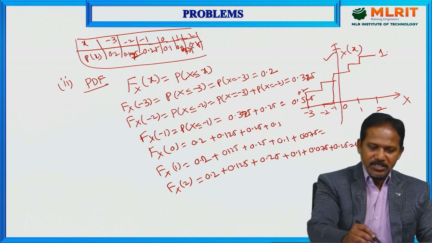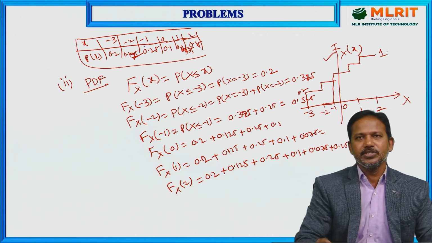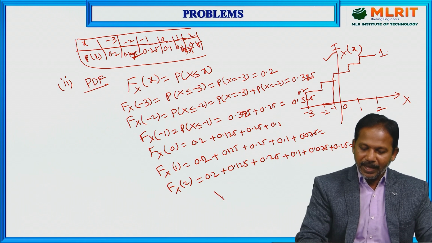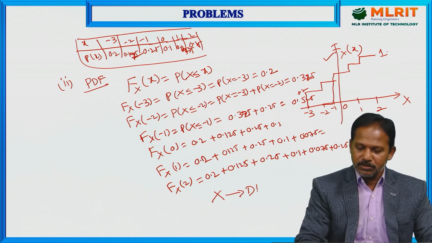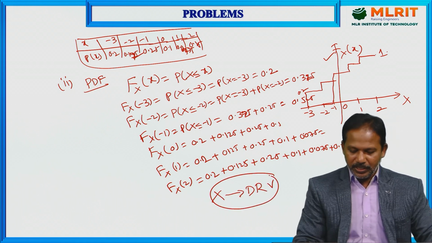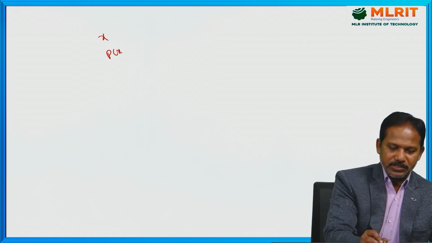So in that case, here -3, -2, -1, 0, 1, 2. These are totally discrete random variables. Now, I need to find the probability density function also. So here, my values will be taken as x and p of x.